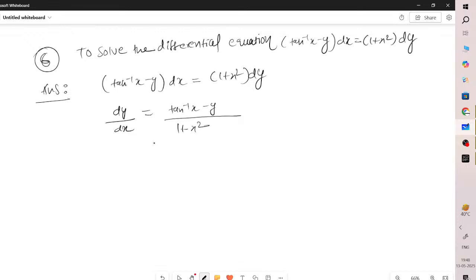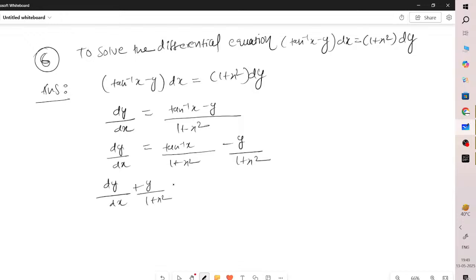This can be further written as tan inverse x upon 1 plus x square minus y upon 1 plus x square. Again, this equation can be written as dy by dx plus y upon 1 plus x square equals tan inverse x upon 1 plus x square.